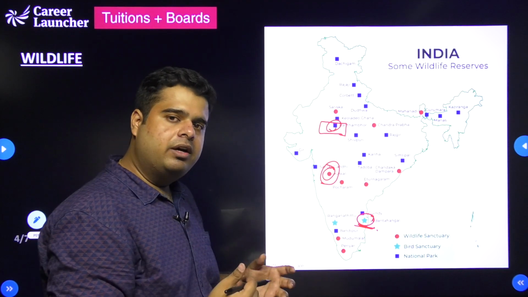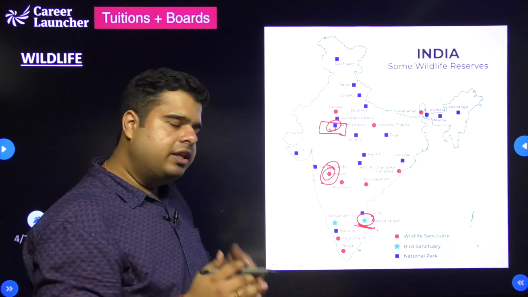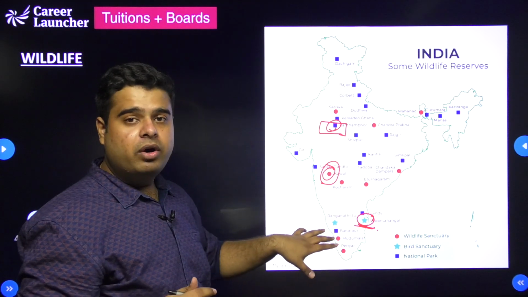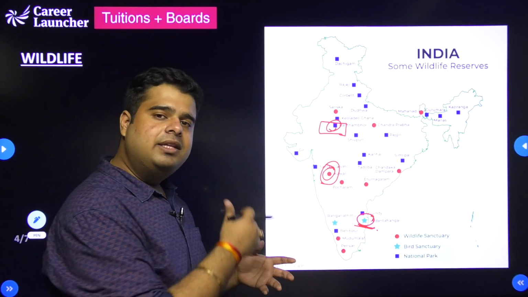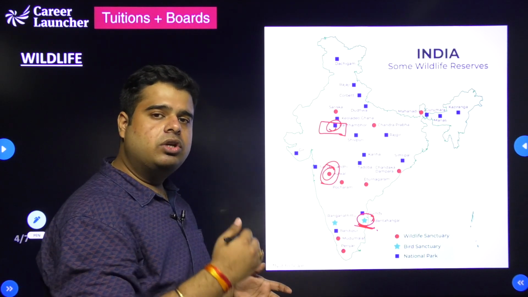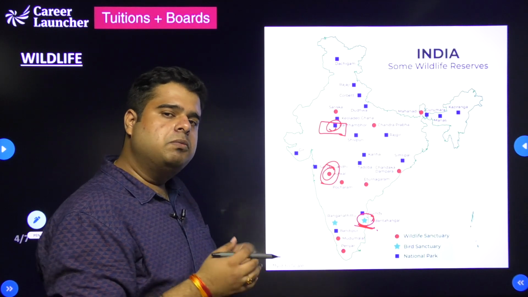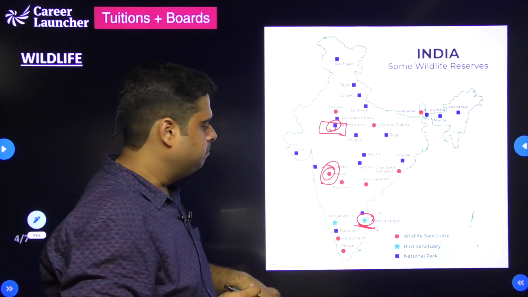So they come over here, stay for a certain period, then fly back to Siberia during the summers. This is why it is very important for us to understand why these categorizations of the types of reserves are made by the government of India.